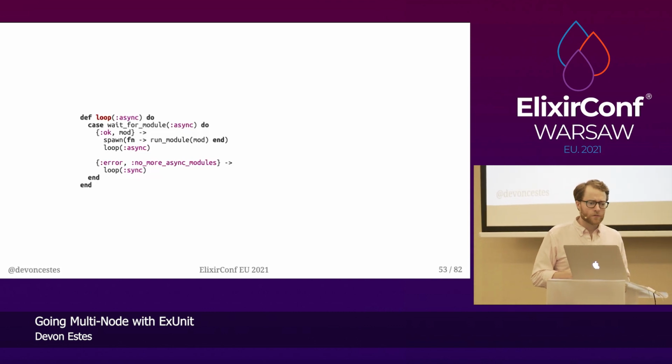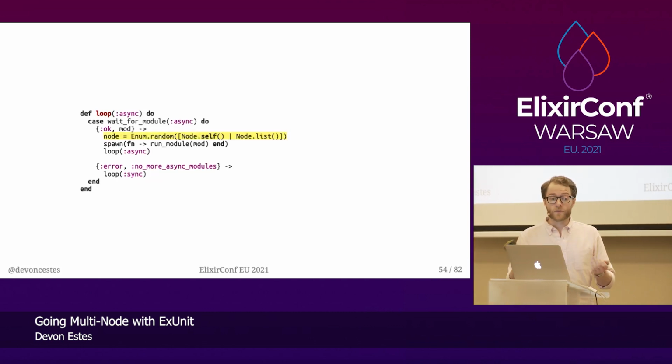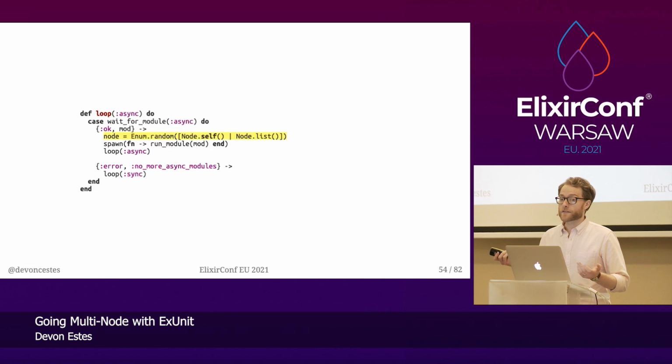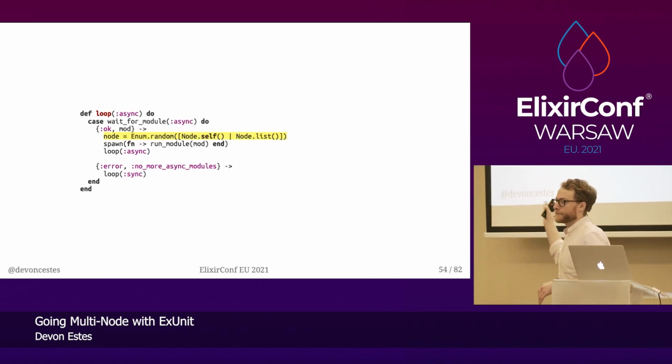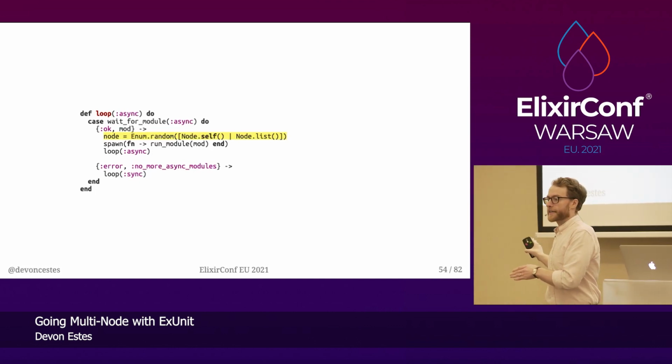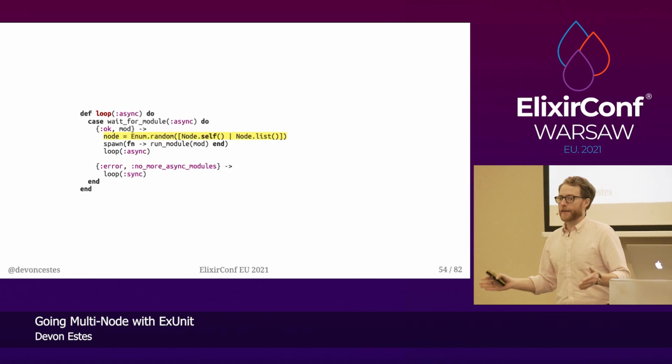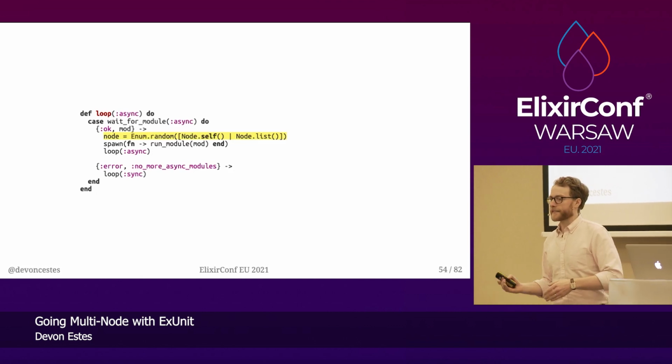So, what do we do? First, we get a random node in the cluster. This is a vast oversimplification. If you're playing along at home, you might say, well, Devon, that's actually not going to give you a random node in this one instance. It's actually going to give you the same node every time. If you want to know why that is, you can talk to me later.